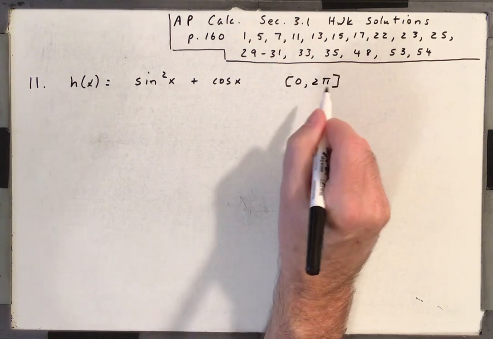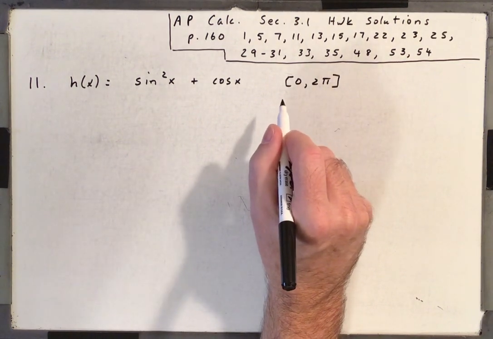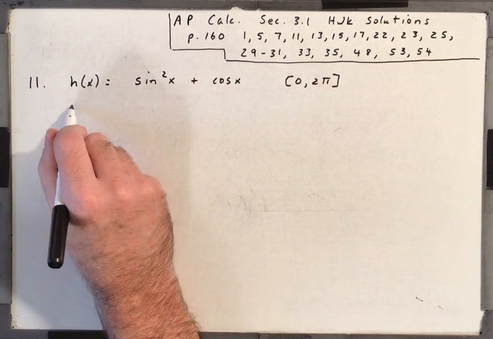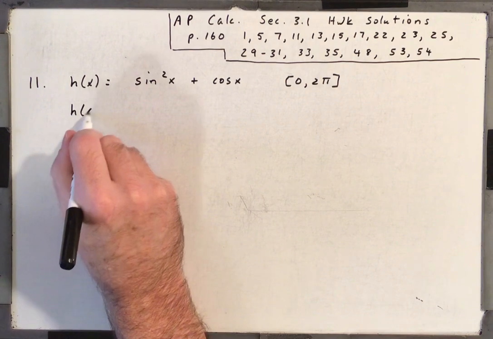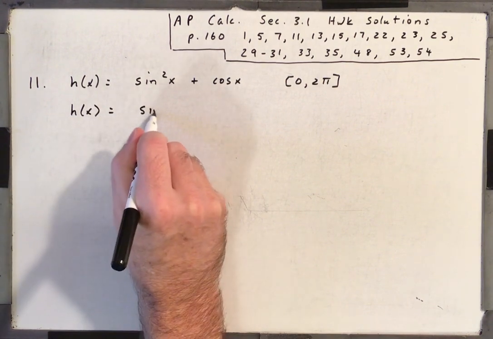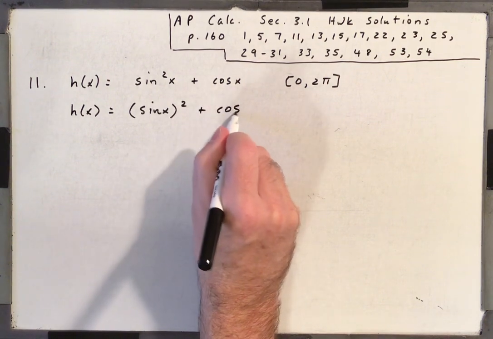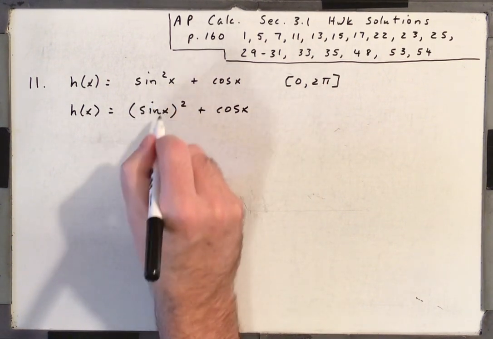So we don't have to keep going round and round the unit circle, just one time. All right, let's rewrite this as (sine x) all squared plus cosine x. Okay, that's the same thing.